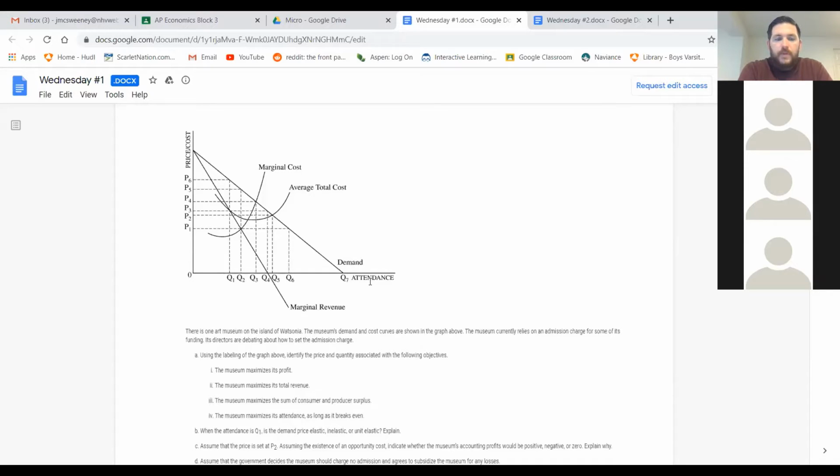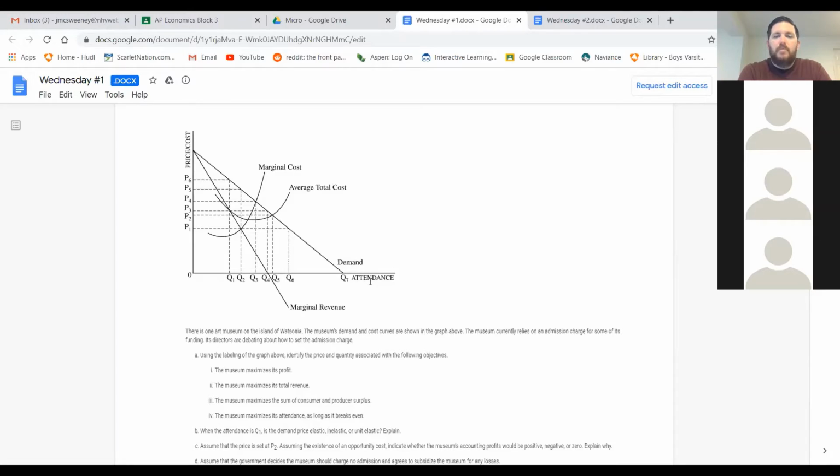All right. 3, the museum maximizes the sum of consumer and producer surplus. Okay, so in this question, we want to make sure that we are producing the allocatively efficient quantity. Guys, it's the same thing as socially optimal. Remember, right? Socially optimal and allocative efficiency are pretty much the same thing.